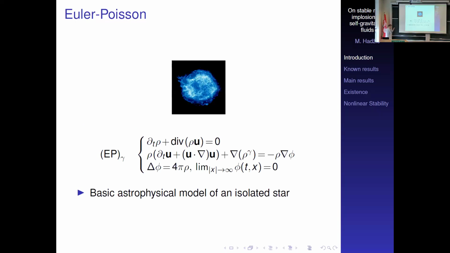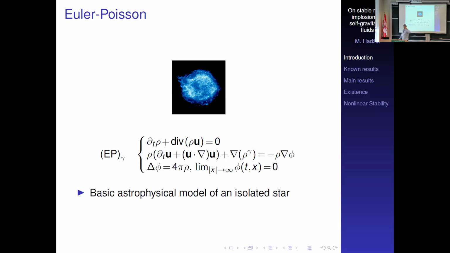So this is exactly the same model that Eli wrote down in the previous talk. Rho is the density, U is the velocity. They satisfy the continuity and the momentum conservation law. And very importantly, the Poisson equation, which in this case describes coupling of the fluid gas to the gravity, is equipped with a boundary condition.